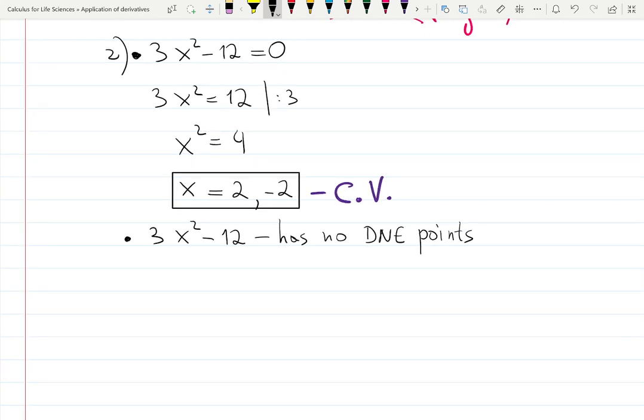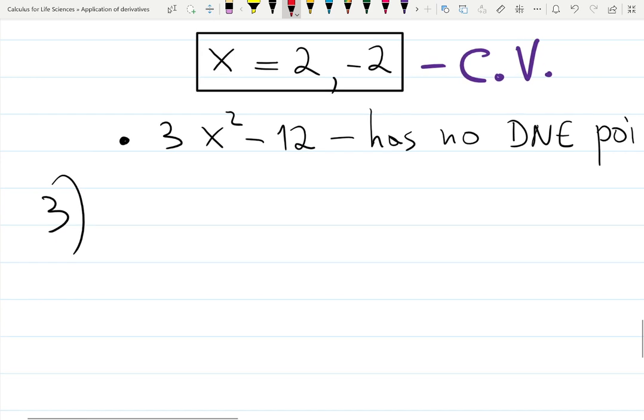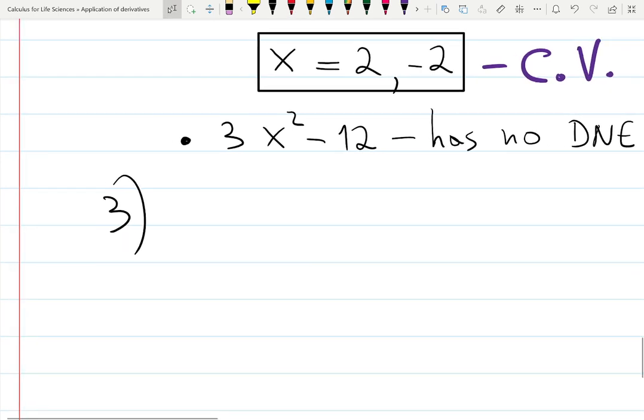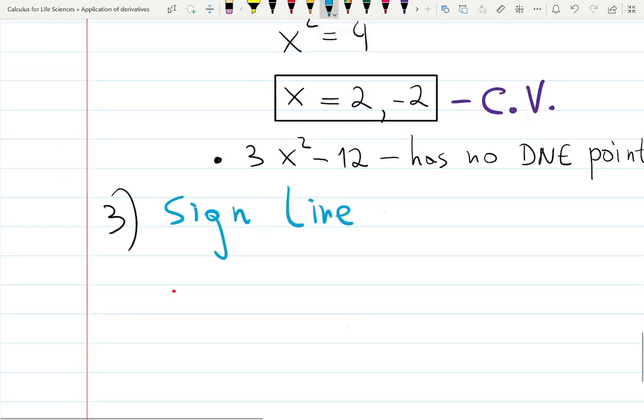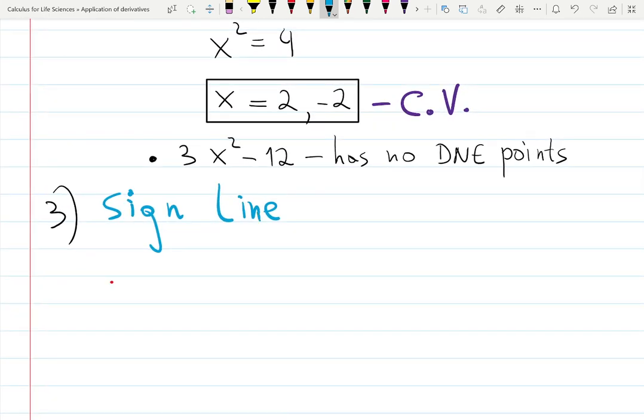Now, that was step 2. Step 3. And this is the most important part I will teach you. And usually the way I teach students really like it. So I will teach you how to use a sign line. Different instructors teach differently this part, and I'm not taking points if you have your different notation. That is completely fine. I teach it using a sign line.